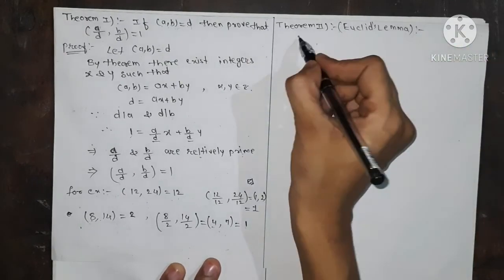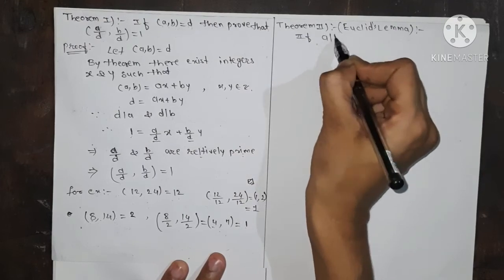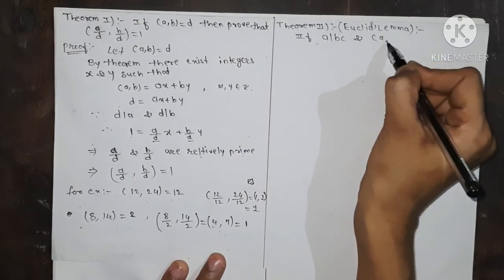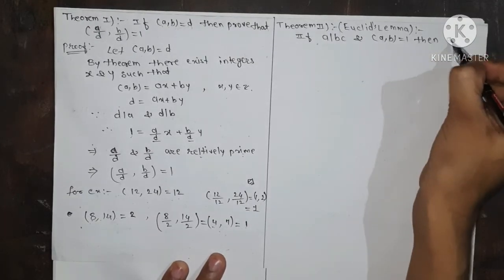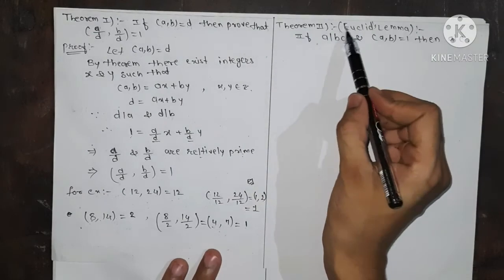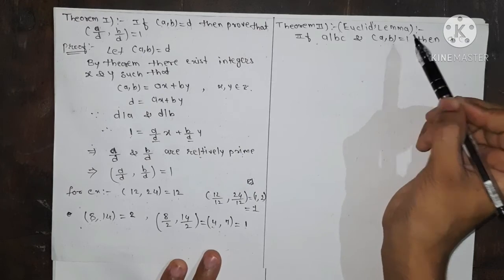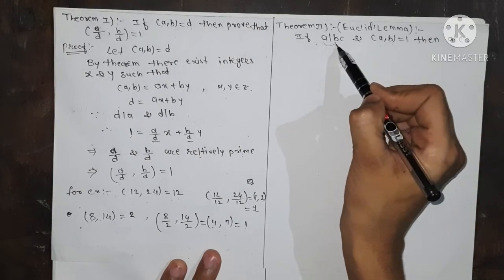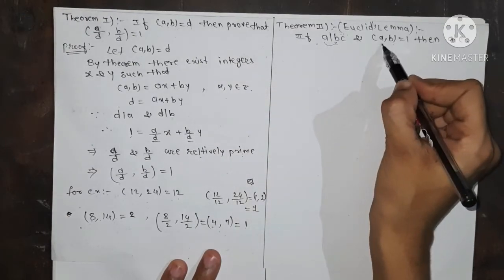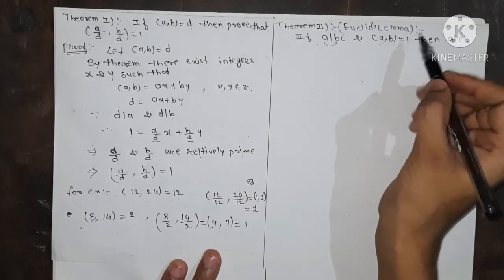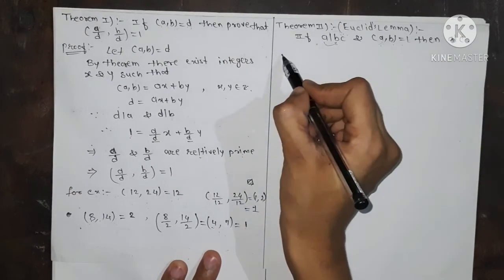The statement of the theorem is: if A divides BC and the GCD of A comma B is equal to 1, then A divides C. Euclid's lemma states that if A divides BC and A and B are relatively prime, then A divides C. The condition that A and B should be relatively prime is very important, and we see it from this example.